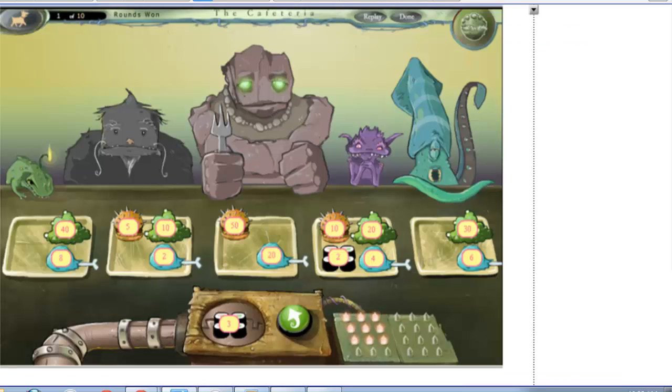Now, here's a game that we have from Lure of the Labyrinth. And I've been talking for quite a while about how the foods on these trays form proportions. So you can look at any two numbers on the tray and that will form an equivalent ratio if you're comparing the same foods on another tray.